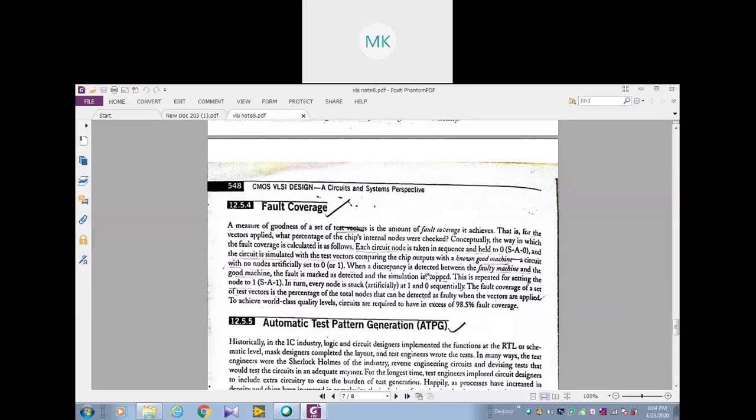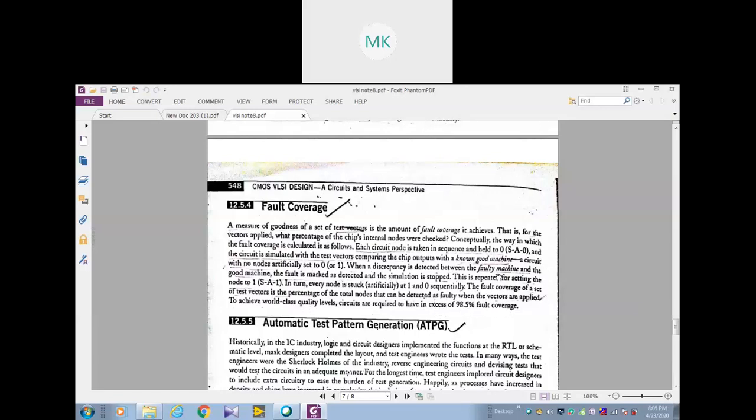Now fault coverage of a set of test vectors is the percentage of the total nodes that can be detected as faulty when the vectors are applied. To achieve world-class quality levels, circuits are required to have in excess of 98.5% fault coverage.